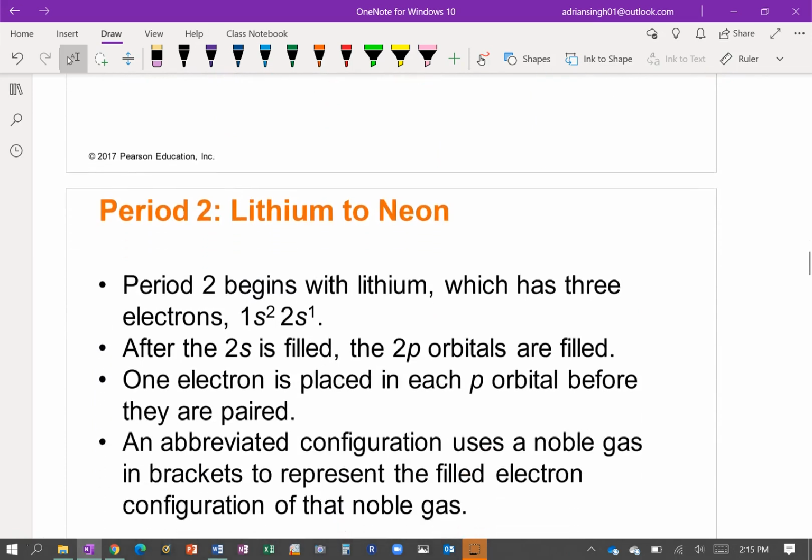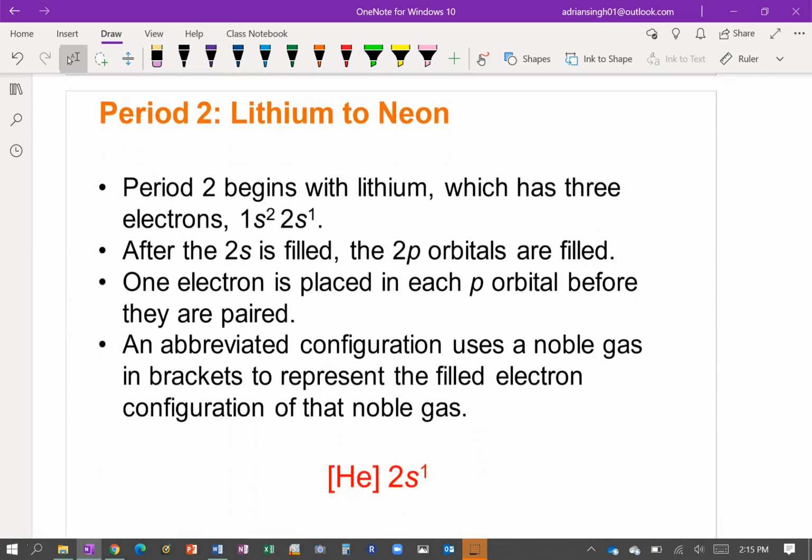When we move to the second period, from lithium all the way over to neon, you'll see that lithium has atomic number 3, so it's going to have 3 electrons. So we're going to start with the 1s. We're going to draw our boxes horizontally as opposed to vertically. And then we have our 2s.